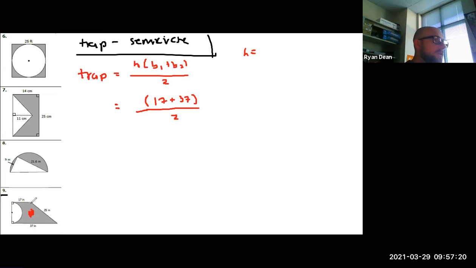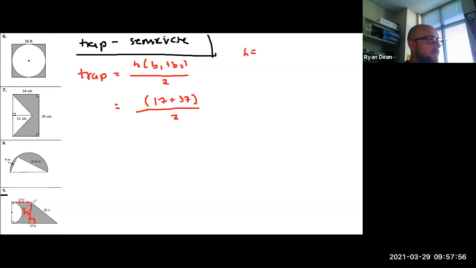And for the height, we're going to mark up our picture a little bit. So this dotted line here, I can slide it left and right. If I slide it all the way over here to the right, I'm going to come to this edge, where if I draw a line straight down, I get a right triangle. Okay, so this is my height.